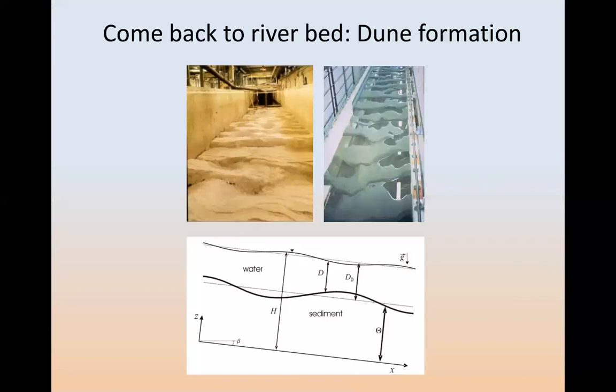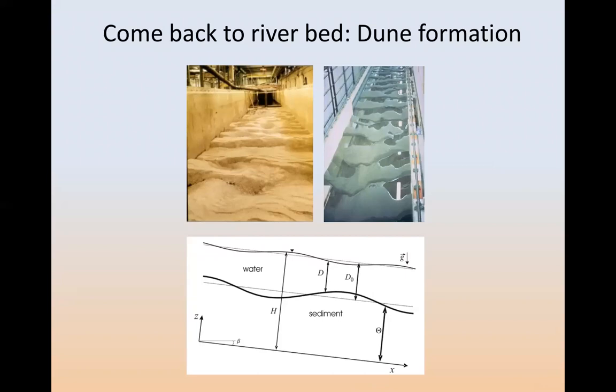So come back to river morphodynamics. The standard problem in this case is the dune formation, which are short wavelength patterns, so they are shorter than bars, and they are strictly related to the hydrodynamics of the water column, and also the interaction with the free surface.